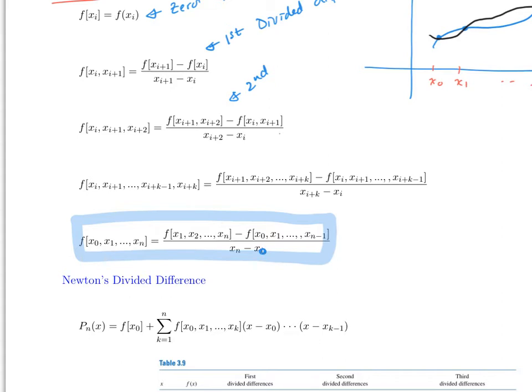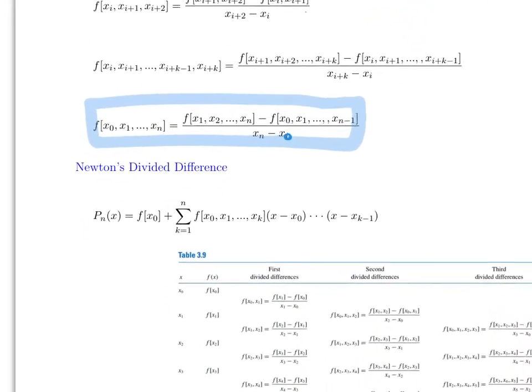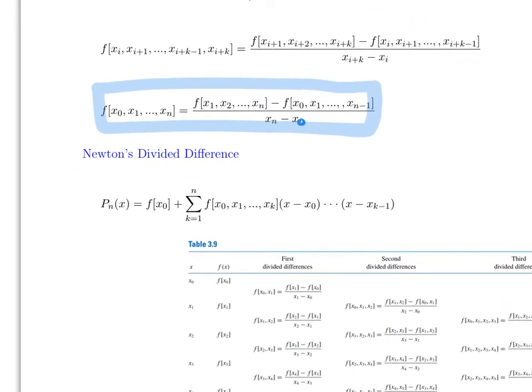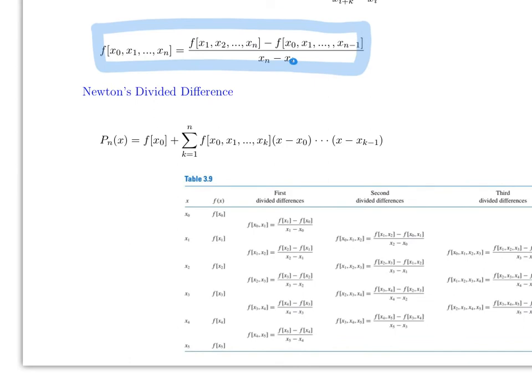Alright, so therefore the polynomial that we'll get is going to be called Newton's divided differences. Newton actually has something to do with this. It's going to look like this. Remember, this is the first value, and these are the coefficients, and it's going to give you the polynomial.